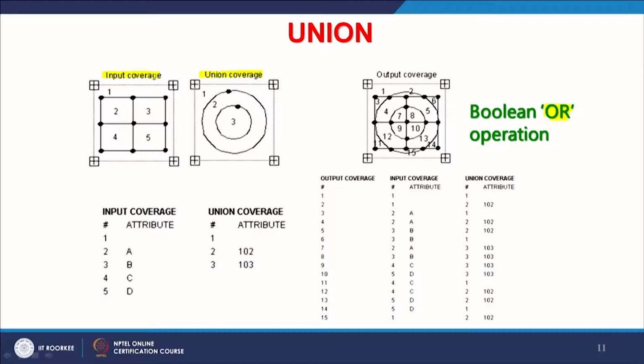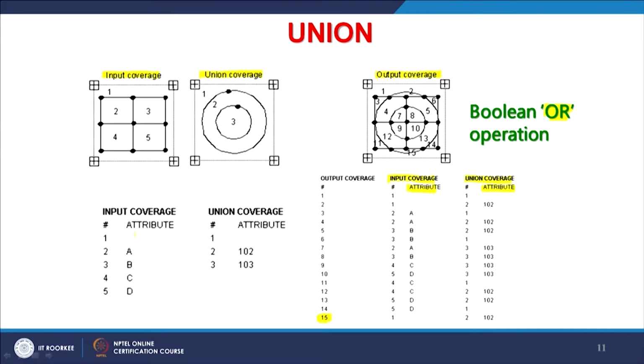So, this is my union coverage, this is my input coverage where I am having 6 polygons, and when I create the union I am having a large number of polygons now. In this particular example, the total number of polygons has become 15. And of course, the input coverage will have an attribute field. Similarly, the union coverage will also carry its attribute field.